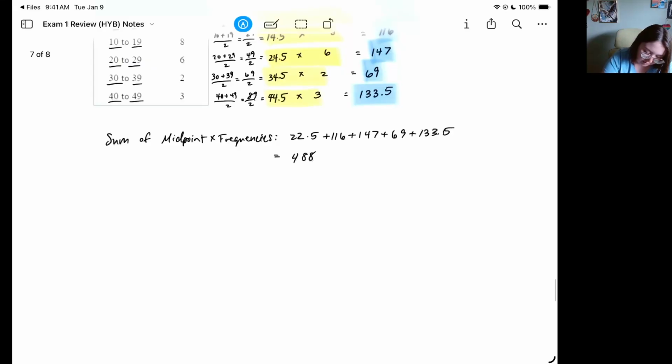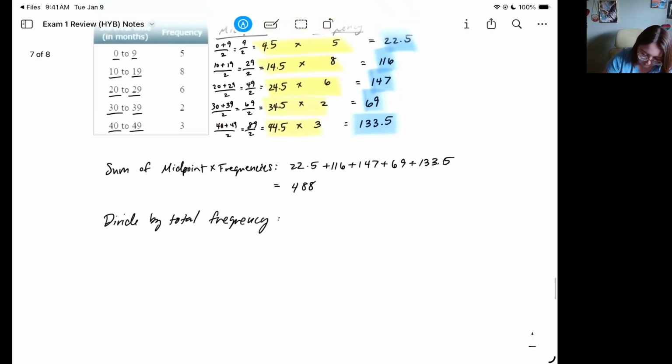Then we are going to divide that value by the total number of frequencies. So we're going to divide 488 by the total frequency, which we can add up. That's 5 plus 8 plus 6 plus 2 plus 3, which all equal 24.